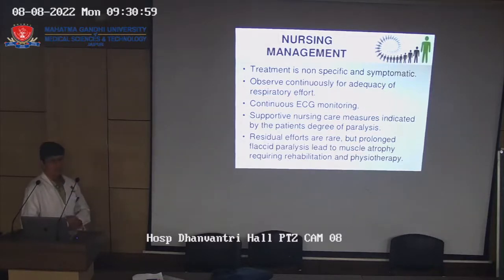Continuous ECG monitoring is also needed. Why? Because in certain patients autonomic failure may occur, and this may lead to tachycardia or bradycardia. You should give supportive nursing care measures according to the patient's degree of paralysis. Residual effects are rare, but prolonged facial paralysis leads to muscle atrophy requiring rehabilitation and physiotherapy.